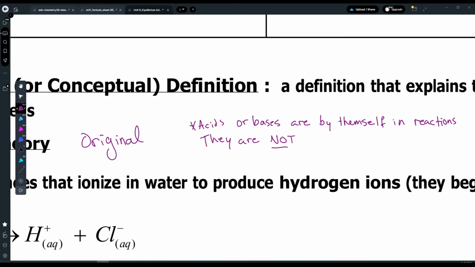And I'm going to put not reacting with water specifically because that is more for modified Arrhenius. But for Arrhenius, the original definition of acids and bases, they are not reacting with water.